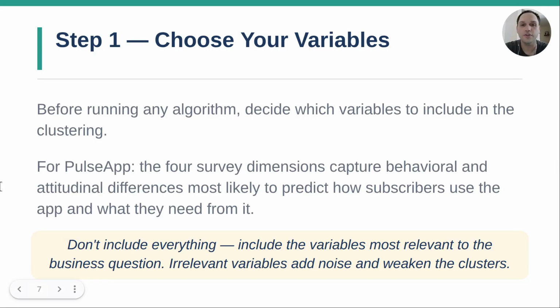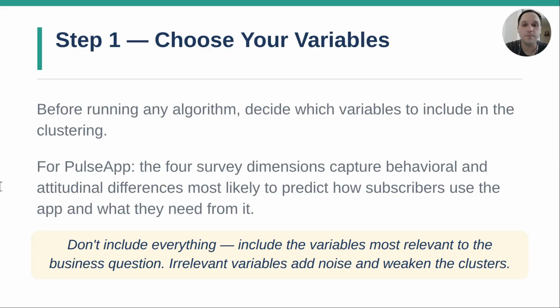The first step before any algorithm runs is deciding which variables to include in the clustering. This is a judgment call that shapes everything that follows. For PulseApp, the 4 survey dimensions were chosen because they capture the behavioral and attitudinal differences most likely to predict how subscribers use the app and what they actually need from it.